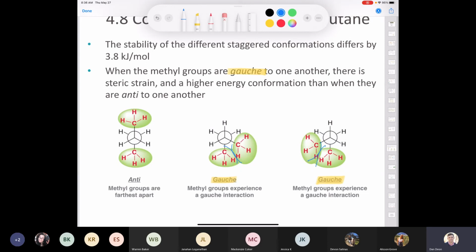Either way, you can see the green circles that highlight the methyl groups, that they're really close to each other. That's a lot of electron density next to each other. They don't like that. Whereas in the anti conformation, the two methyl groups have a dihedral angle of 180 degrees. They're as far apart from each other as possible, and so they are going to be lower in energy.